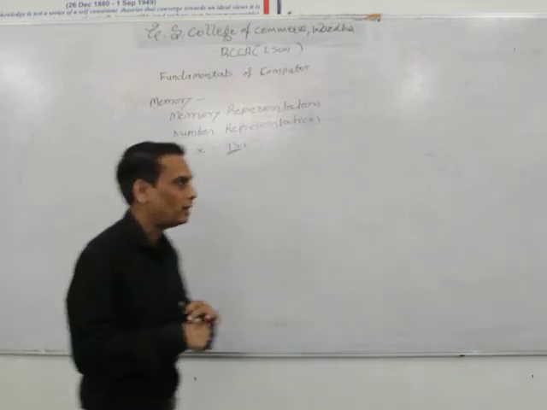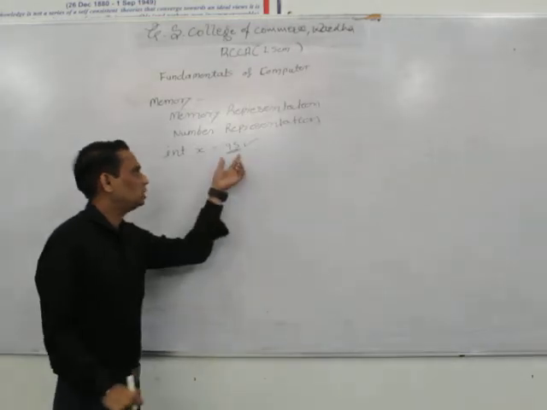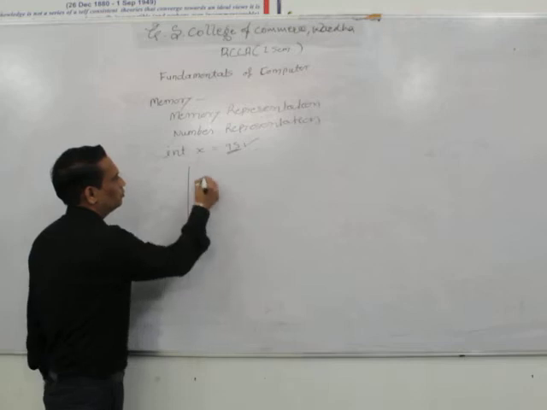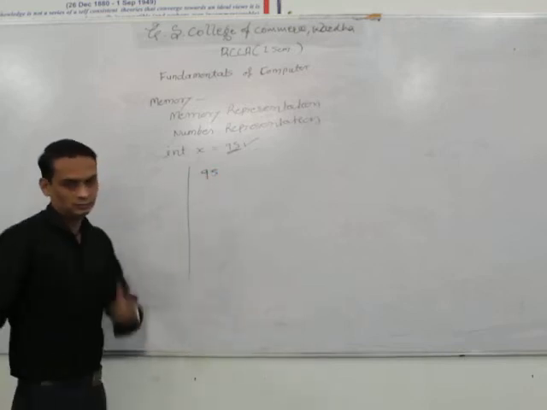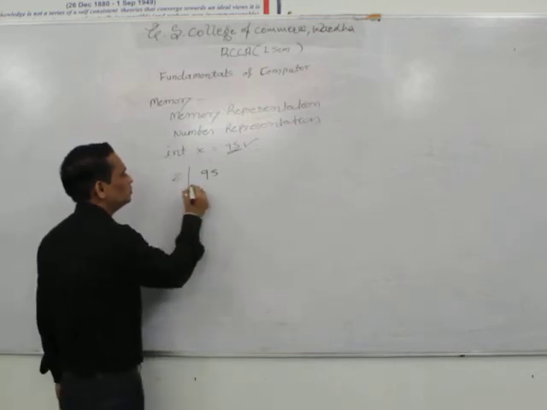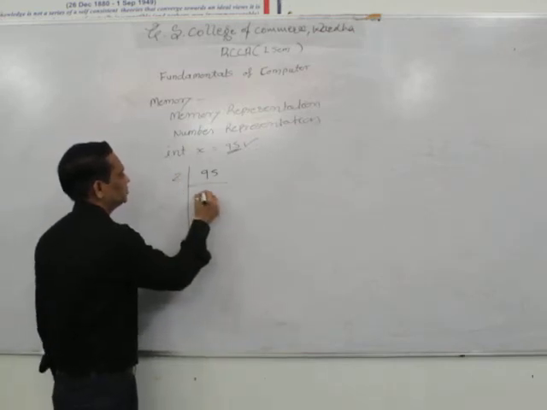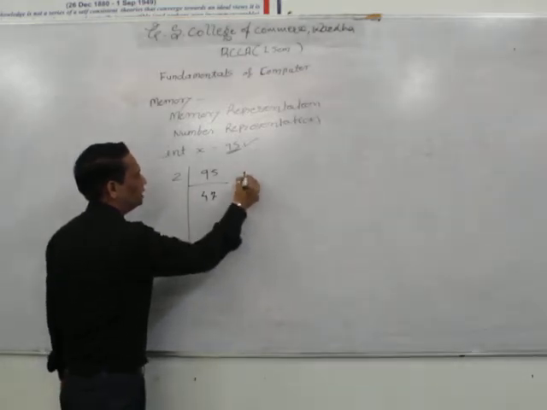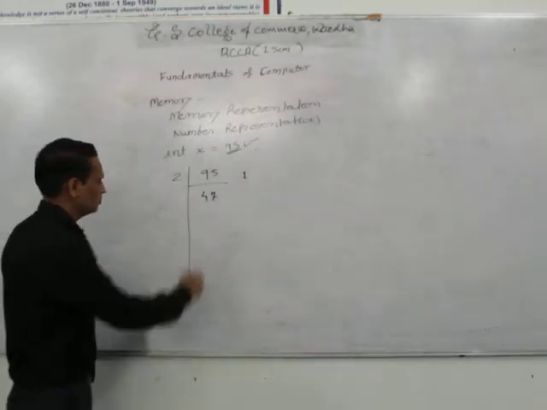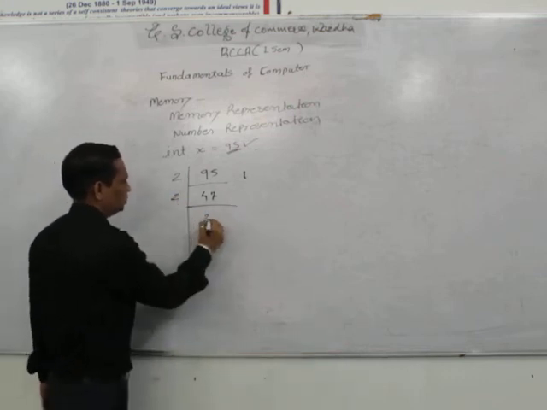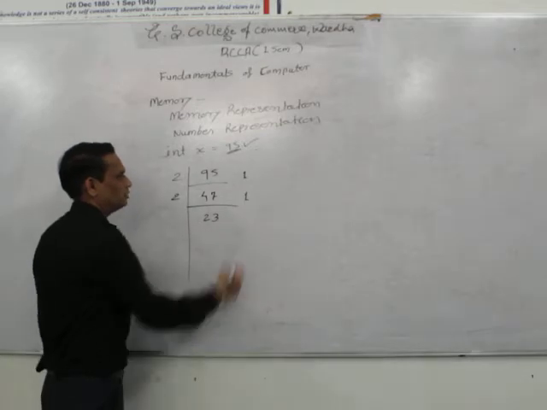To convert to the equivalent binary digits, we should divide this by 2. Remaining 1. Again divided by 2. Remaining 1.